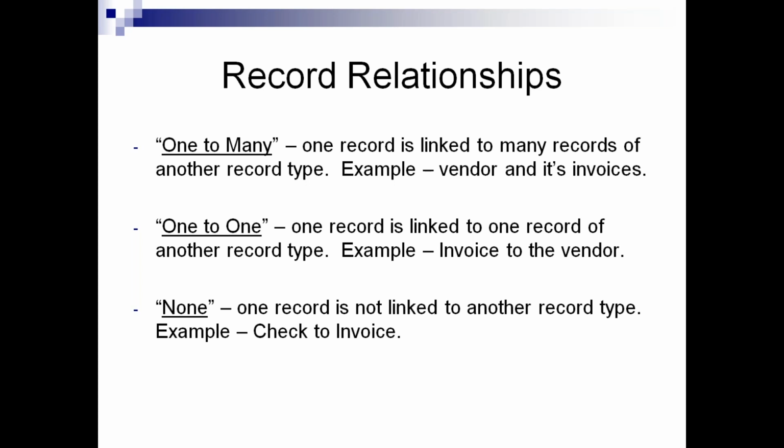So there's no relationship there. I can run a report using the check records, but I can't pull invoice information into that report because invoice number does not exist within the check record. Right, so these three primary, one-to-one, one-to-many, or none.